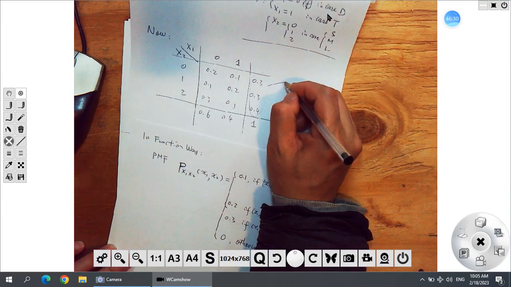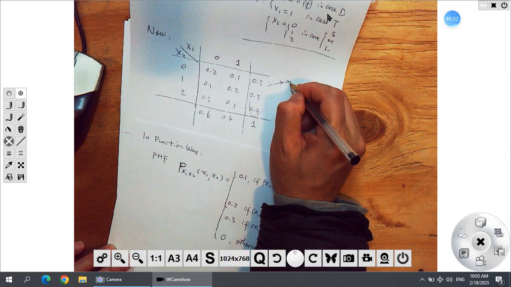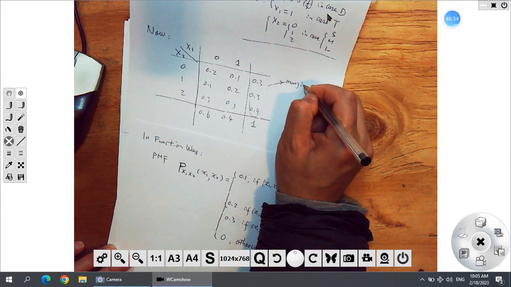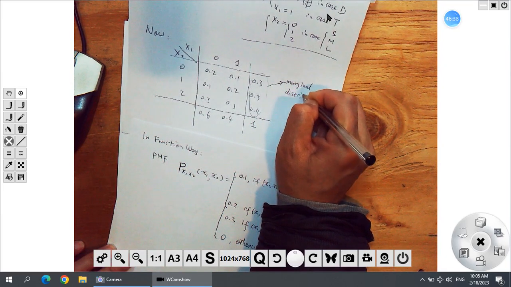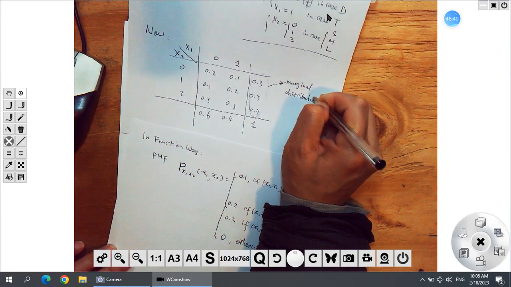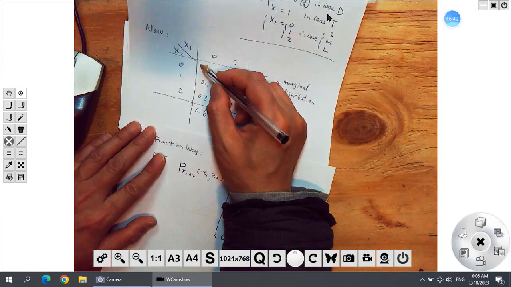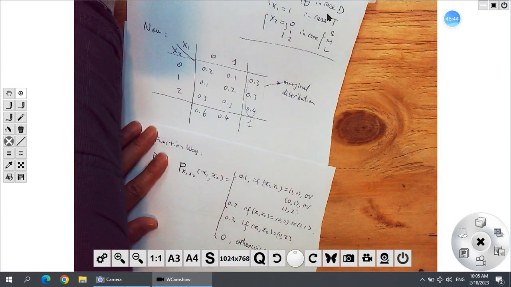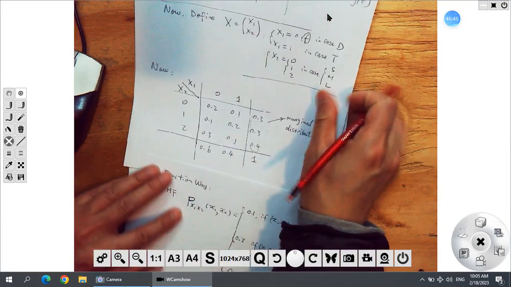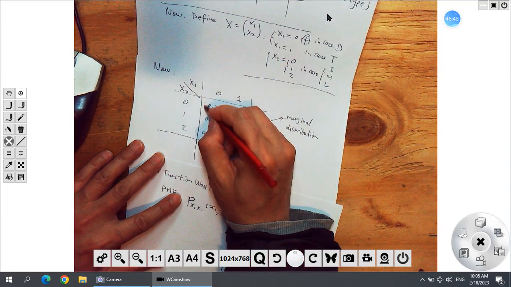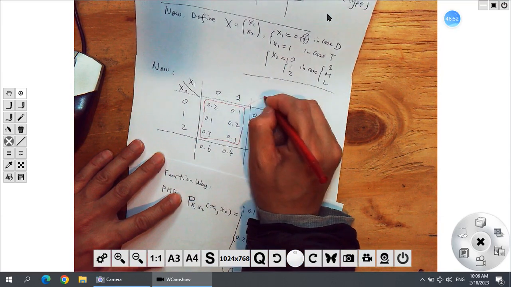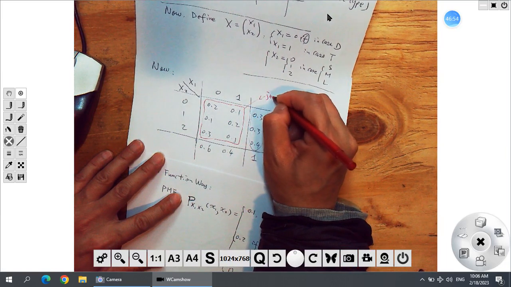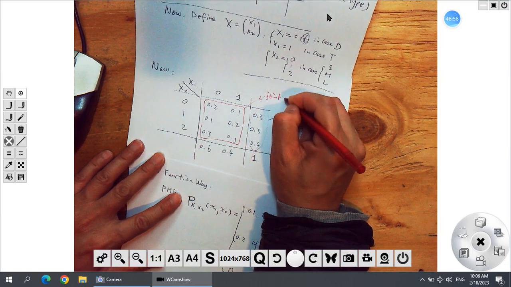We call these the marginal distributions. And this part in the middle we call the joint distribution.